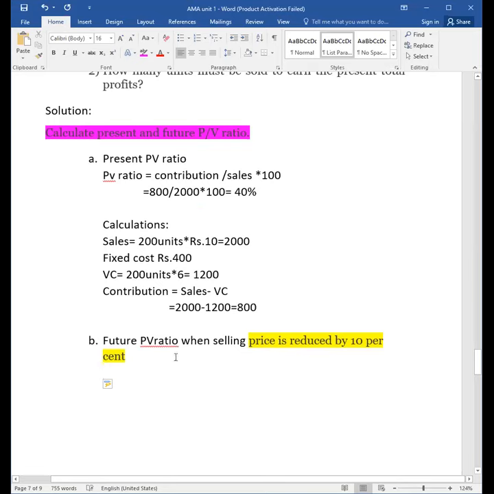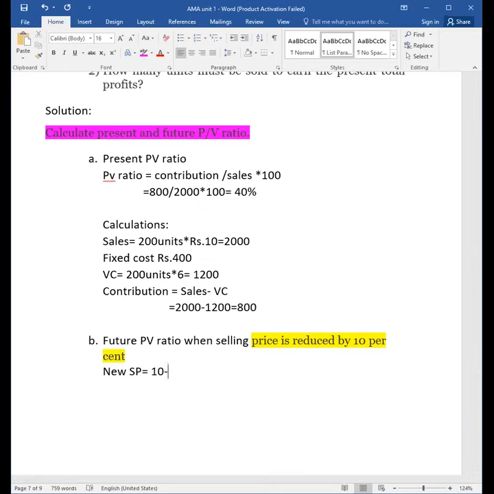So if it is reducing by 10%, what is the actual selling price? The selling price is 10 rupees. So the new selling price is equal to 10 minus 10 into 10%.